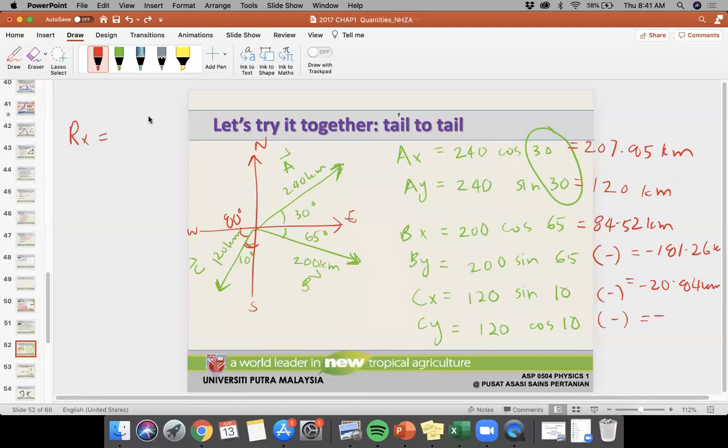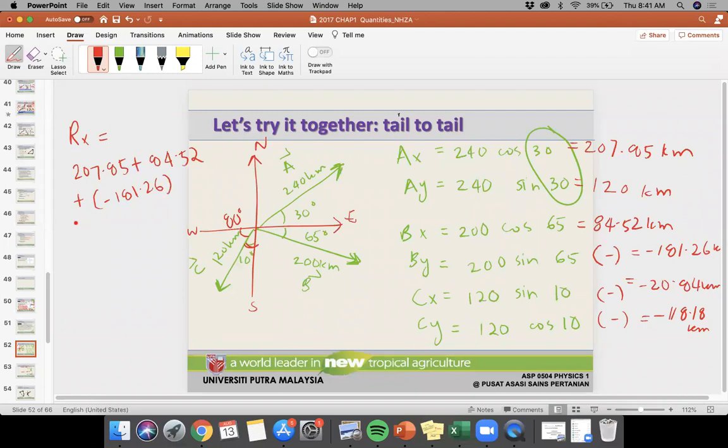So now we add the resultant, which is we add the components in the x-axis. 85 plus 84.52 plus minus 181.26.